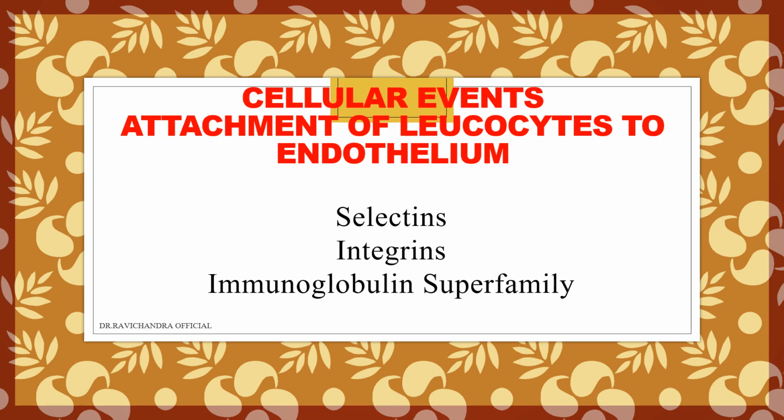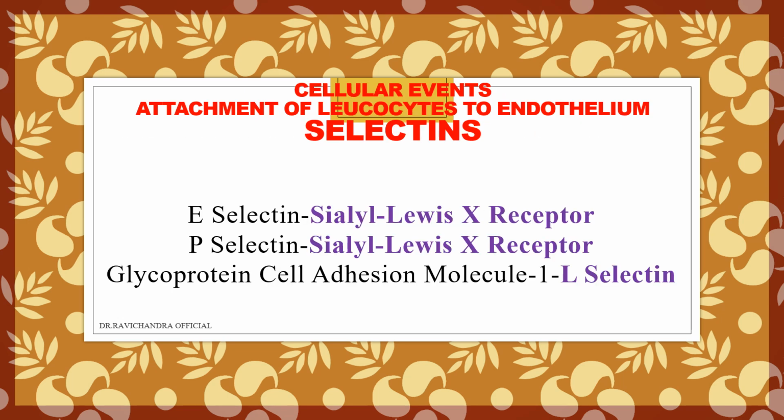Next, after margination or pavementing, attachment of leukocytes to endothelium will occur with the help of selectins, integrins, and the immunoglobulin superfamily. Attachment of the leukocytes to endothelium with the help of selectins: there are three elements that come under the selectins.